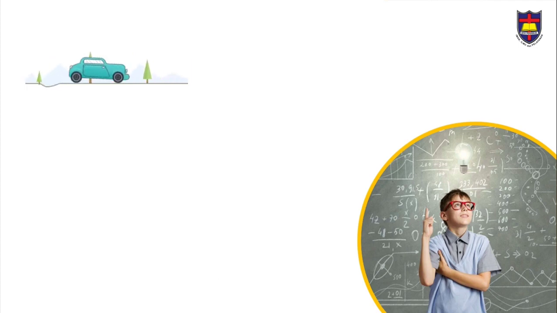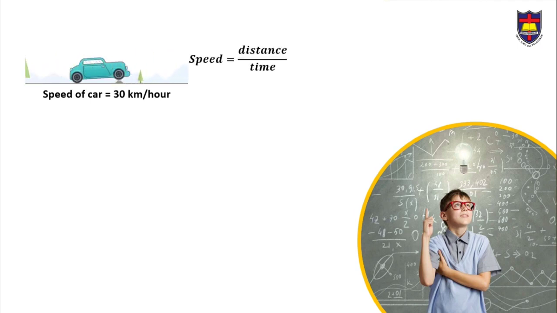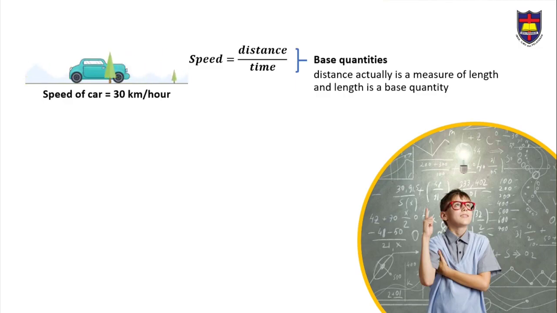Okay, another example. The speed of a car is 30 km per hour. Here, we can say speed is not present in the list of base quantities. Where does it come from? I can say speed is equal to distance divided by time. Distance and time are present in the list of base quantities because distance actually is a measure of length, and length is a base quantity.